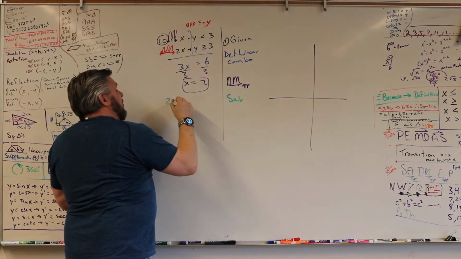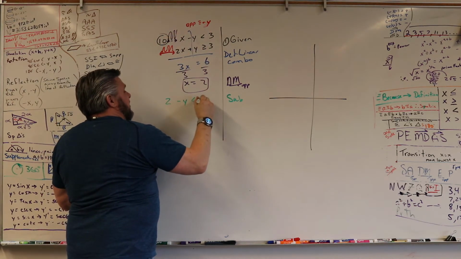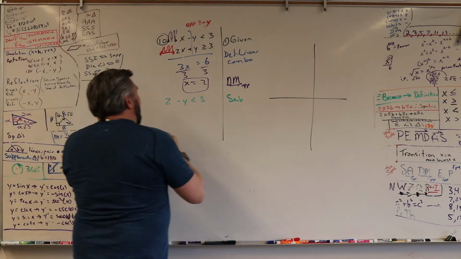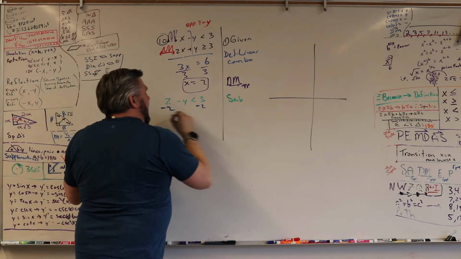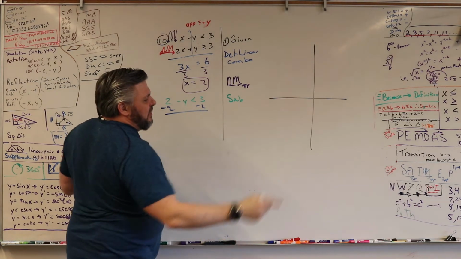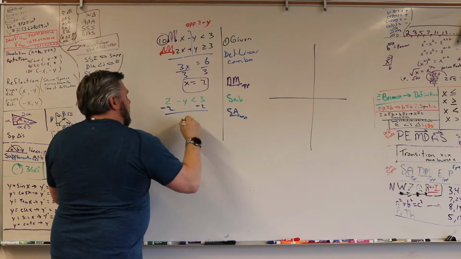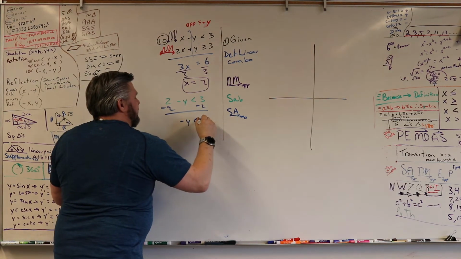So X is 2, minus Y is less than 3. Okay, then subtract 2, right? That's subtraction property of equality, but we call it SA. So minus Y is less than 3.